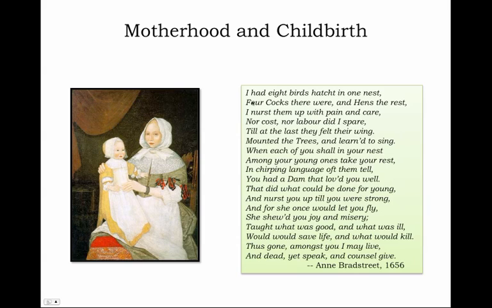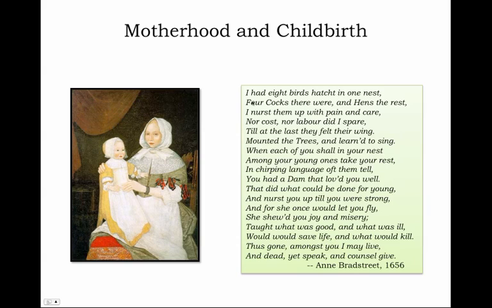We see yet another Anne Bradstreet poem here from 1656. She was part of these first generations of Puritan settlers in New England, who is writing an interesting poem here, which I'll let you read on your own, that both sort of waxes romantic about her large family.